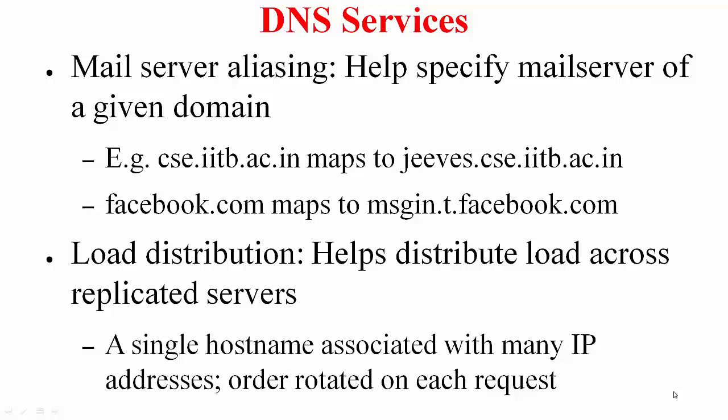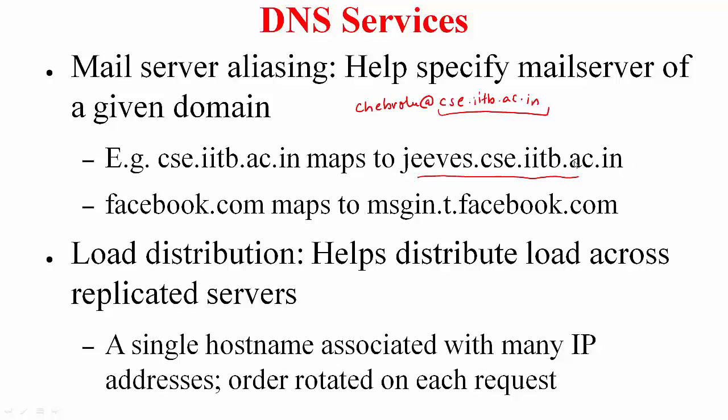Another useful service that DNS provides is mail server aliasing. Basically, it helps you identify the mail server for a given domain. For example, you compose a mail to me, which is chebrolu@csc.iitb.ac.in. The concerned program will notice that this is my domain and it is going to ask DNS what is the mail server corresponding to this domain, and the DNS will return this particular host name, which is jeeves.csc.iitb.ac.in, which hosts the mail server.